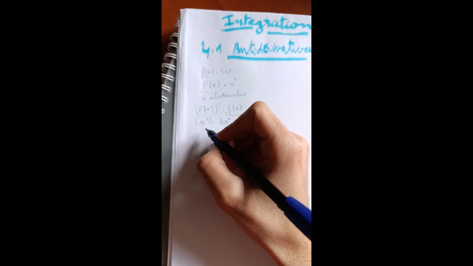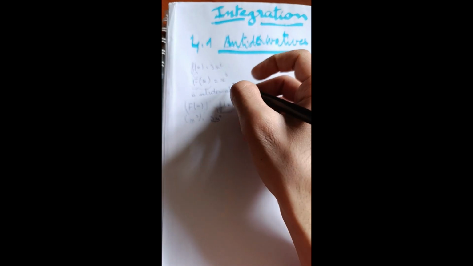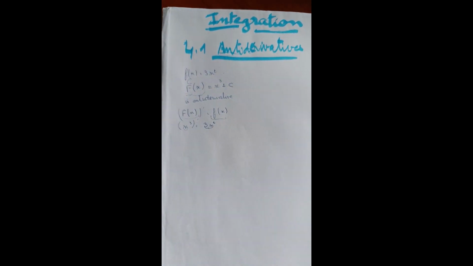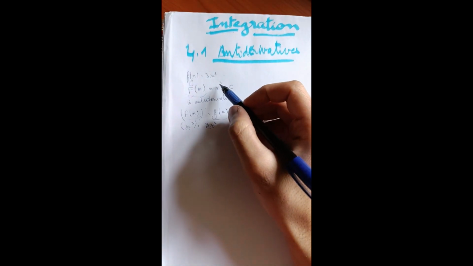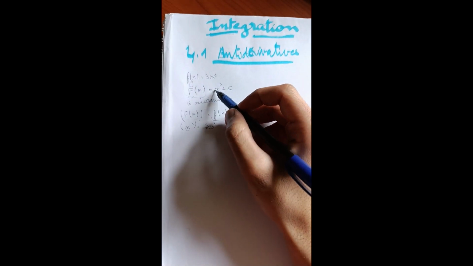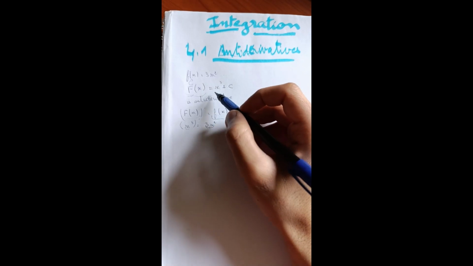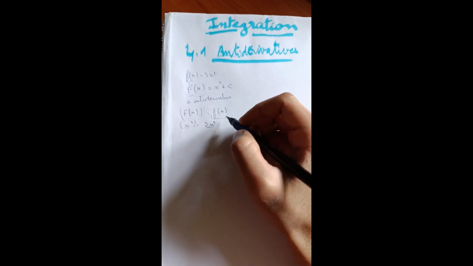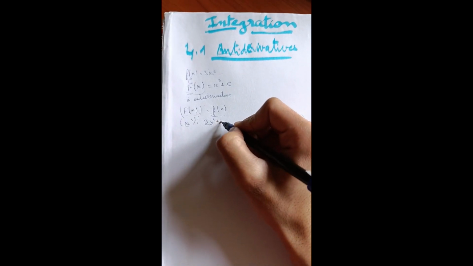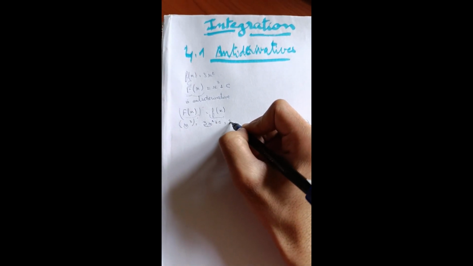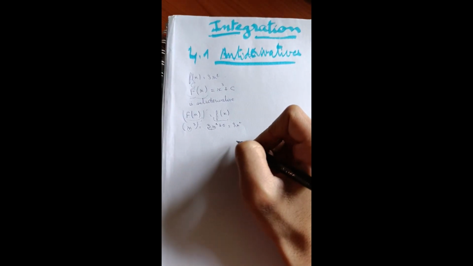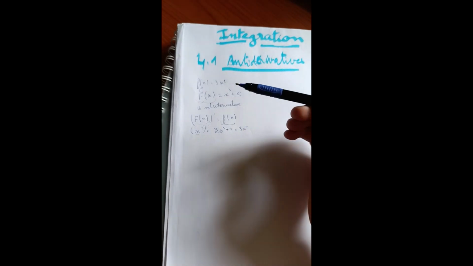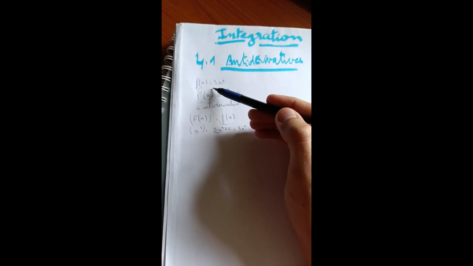Because if we were to add a constant c and then differentiate, the derivative of x cubed plus c will be 3x squared plus the derivative of c, which is a constant. This will give us 3x squared plus 0, which is 3x squared. That's why x cubed is just one of the many antiderivatives of 3x squared.